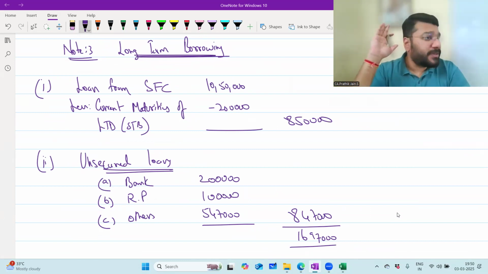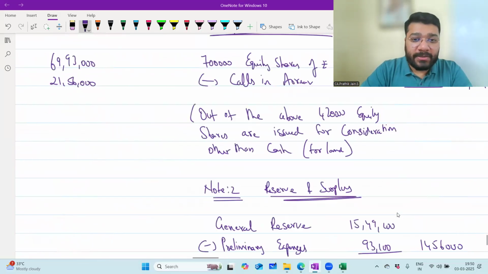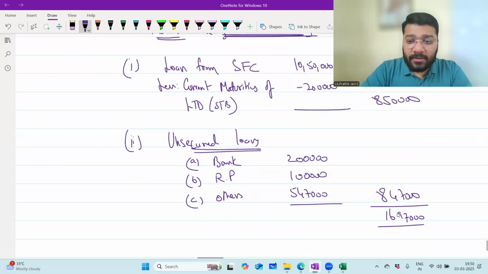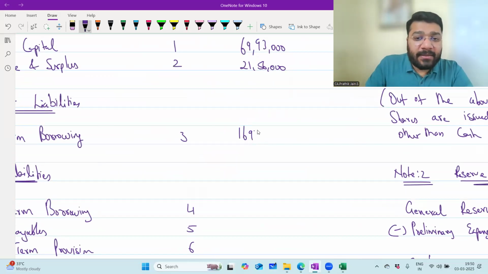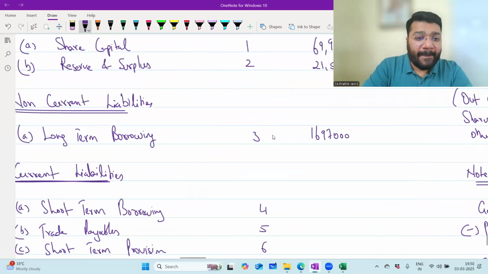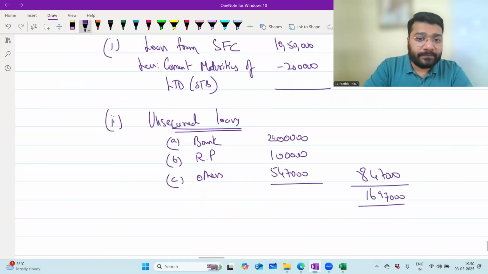The question could be twisted anyhow. If you don't apply your mind, it's screwed. Next is short-term borrowings, note 4. Let me write 16 lakh 97,000 here.